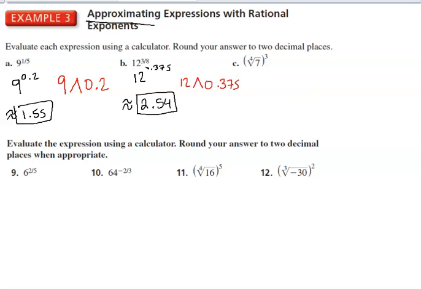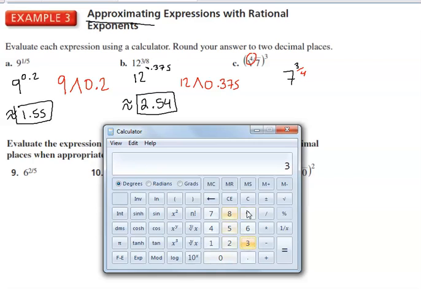For C, your calculator will not type in radicals. So what we can do instead is write this as an exponent. I know that a radical actually means it's the denominator of a fraction. So my exponent, 7 to the third, is going to be divided by 4 because 4 is the index of my radical. So this written as an exponent is 7 to the power of 3/4.